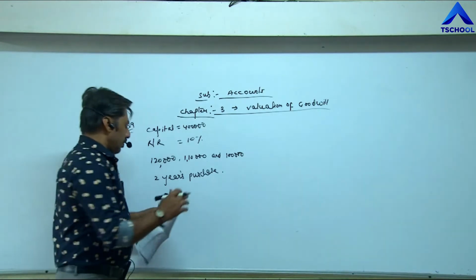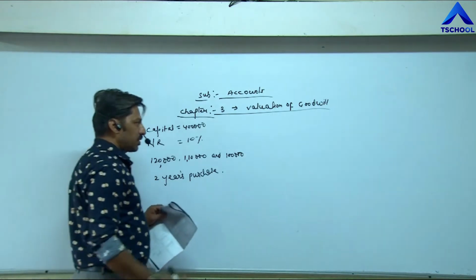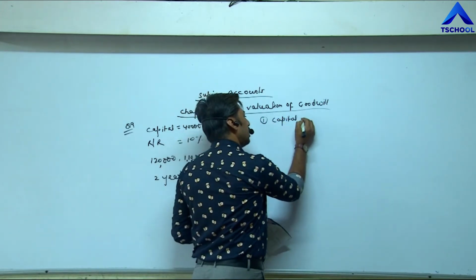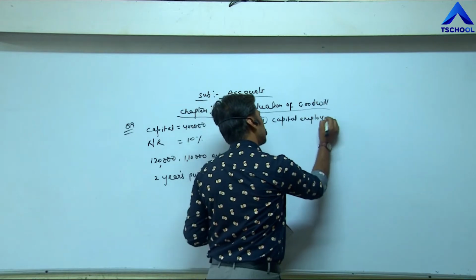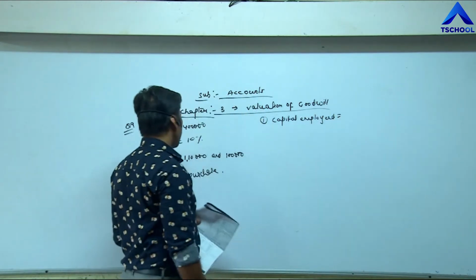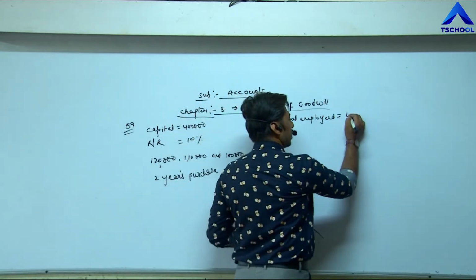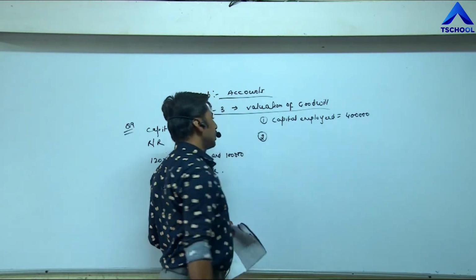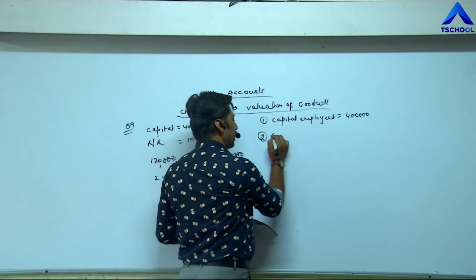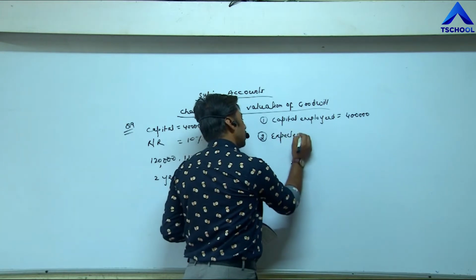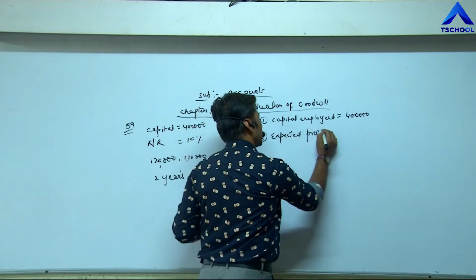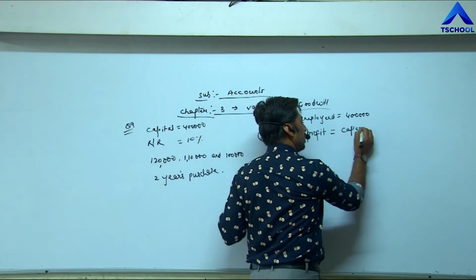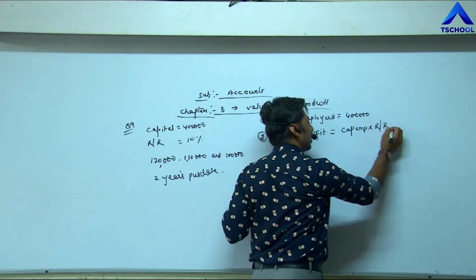Now according to super profit method, first step is we have to find out capital employed. Capital employed is equal to 4 lakh rupees, which is given. Second step is expected profit, and expected profit formula is capital employed into rate of return.